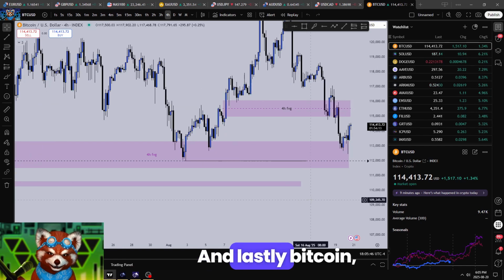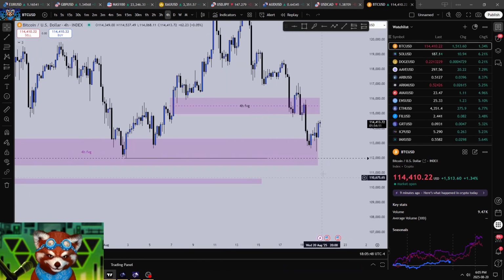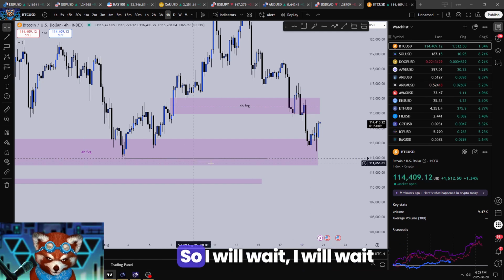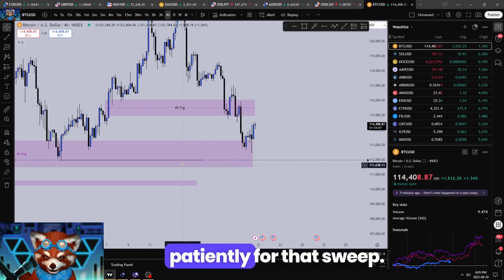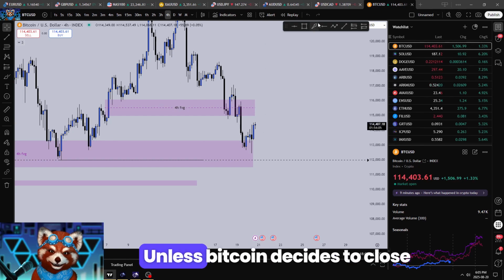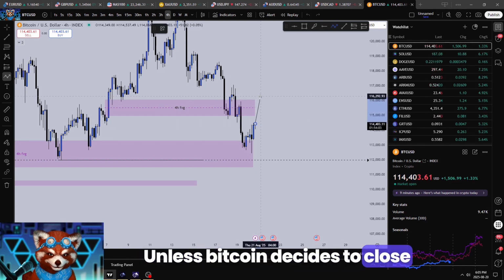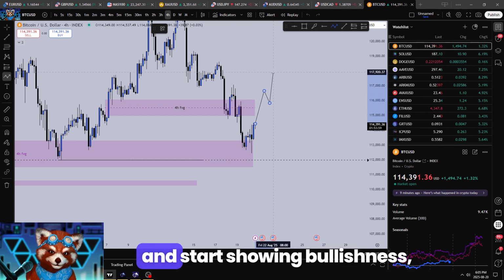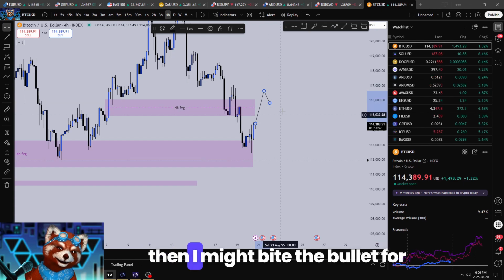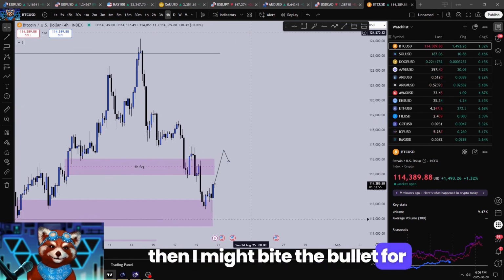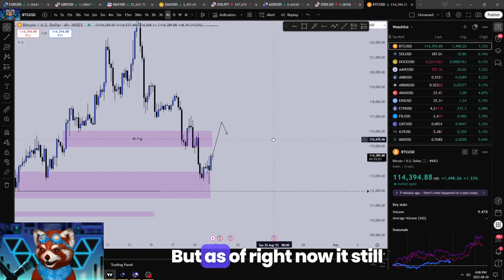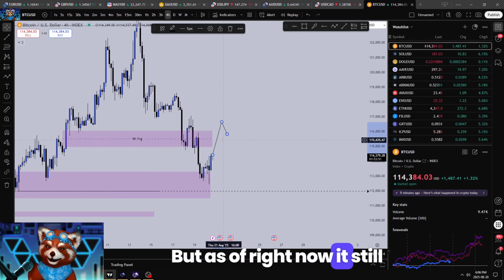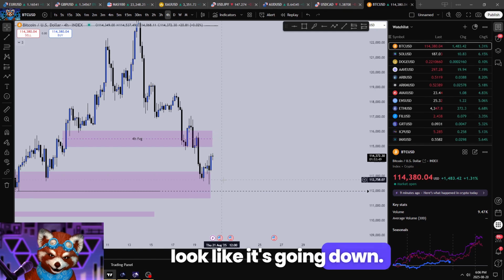And lastly, Bitcoin. It did not give me the sweep, so I will wait patiently for that sweep. Unless Bitcoin decides to close above this 4-hour fair value gap and start showing bullishness, then I might bite the bullet for it to go back to all-time highs. But as of right now, it still looks like it's going down.